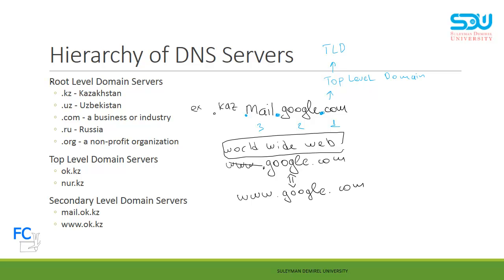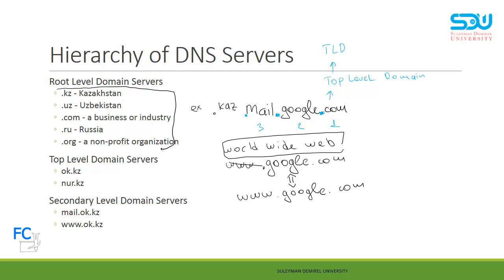All right, now let's take a look at the hierarchy, which is represented here. Root level domain servers. So we have the hierarchy of the DNS servers. The root level DNS servers are responsible for the top level DNS servers.